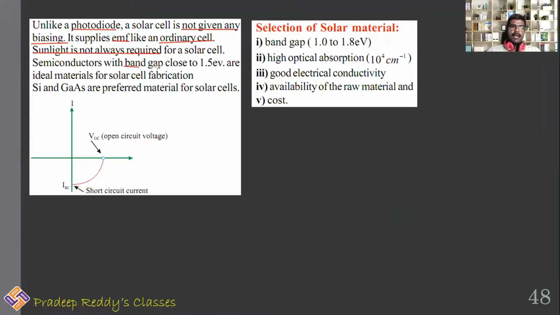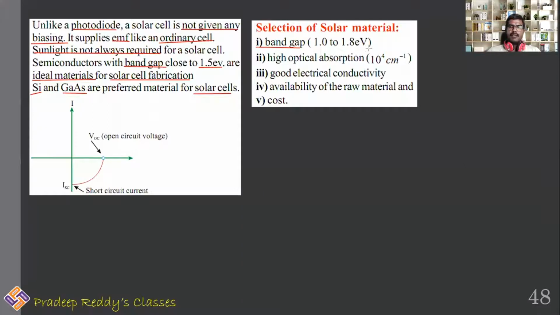Semiconductors with a band gap nearly equal to 1.5 electron volt are ideal materials for solar cell fabrication. For solar cell fabrication, you need to use junction diodes having a band gap of nearly 1.5 electron volt. Silicon and gallium arsenide are preferred materials for solar cells. The selection of solar material depends upon the band gap.